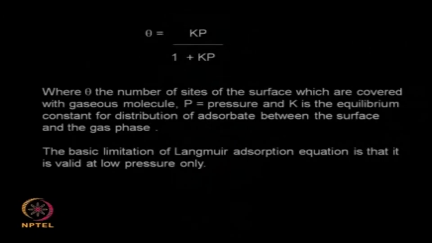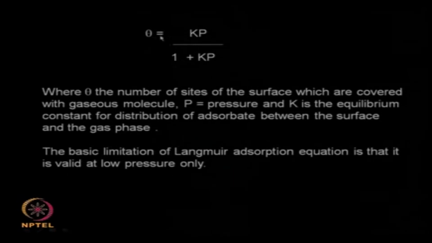So when we solve this equation, where the assumption is the amount of gas present in the gaseous phase is in equilibrium with the gas in the adsorbed phase, you end up with a relationship like this.